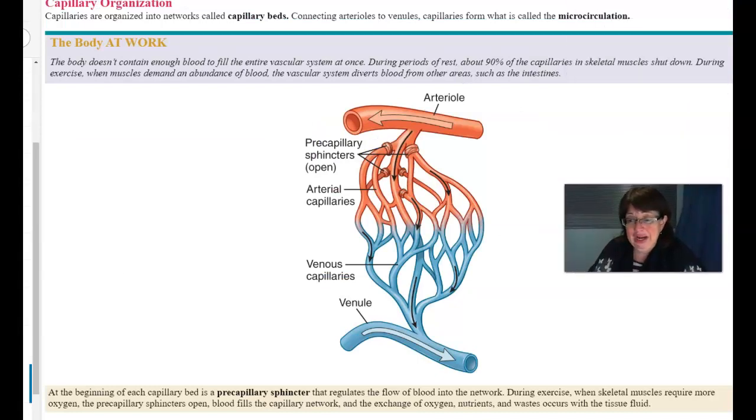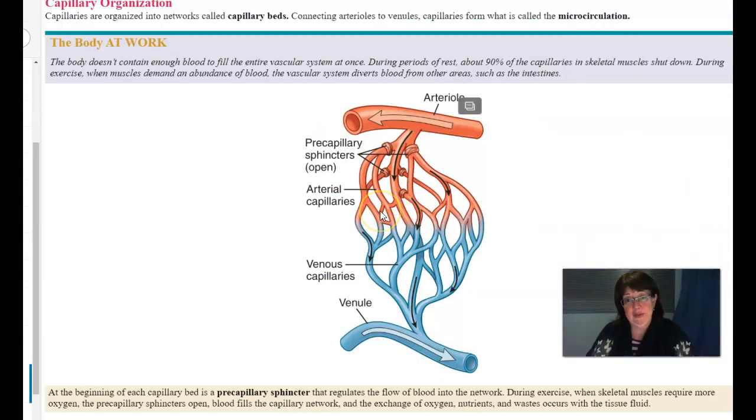Now, to help regulate the blood going through the capillaries, you may have heard of capillary beds. Sometimes if you need a lot of blood in that area, you will open the capillary bed. The example of this is when you are exercising and your body muscles need a lot of oxygen. The capillary beds will open by what's called the precapillary sphincter.